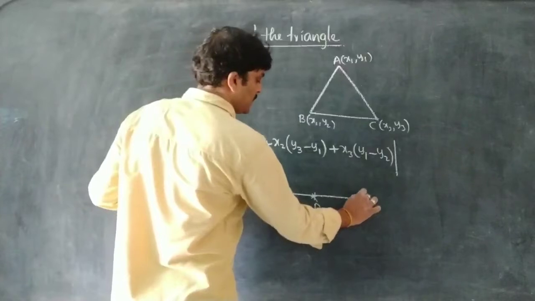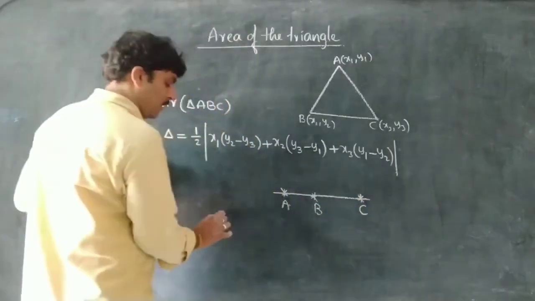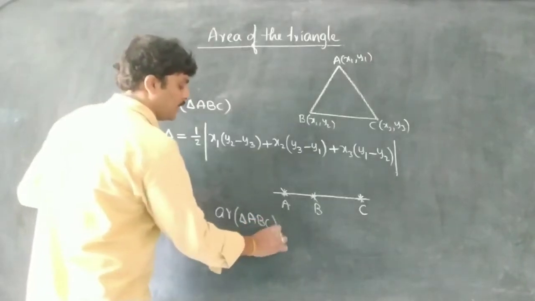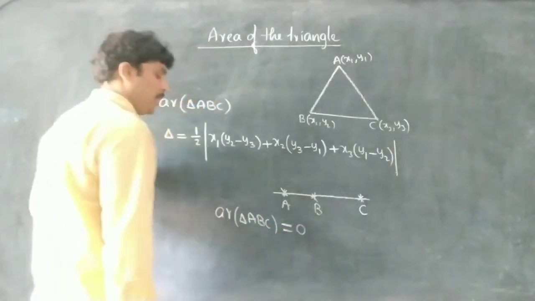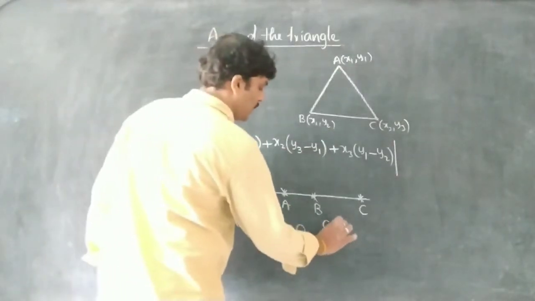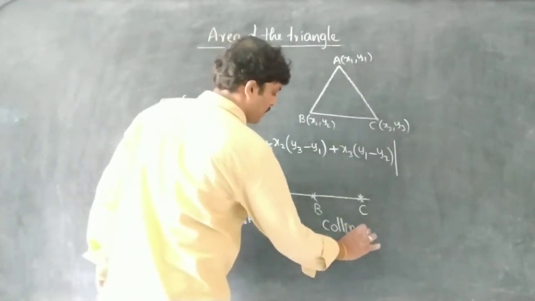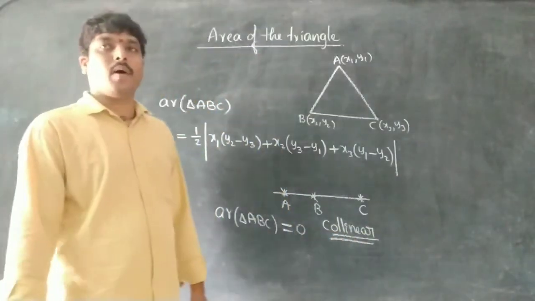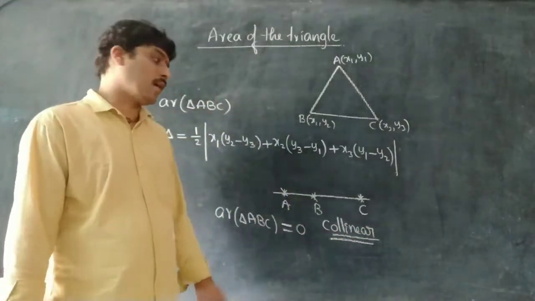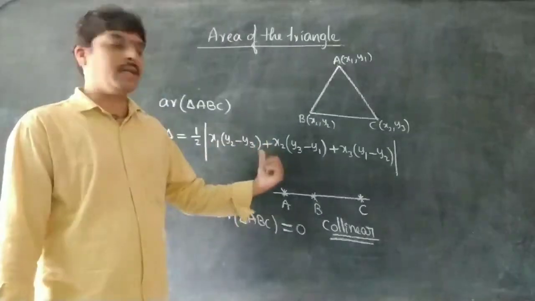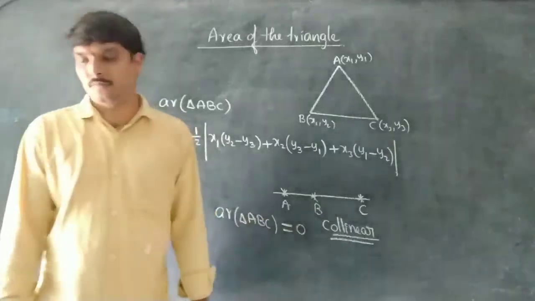If the vertices lie on the same line, area of triangle ABC is 0. If area of triangle is 0, the points are collinear. Collinear points are the points which lie on the same line. So when you find the area, you will get 0.